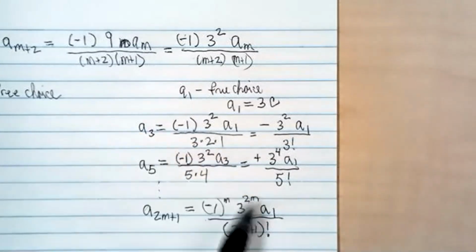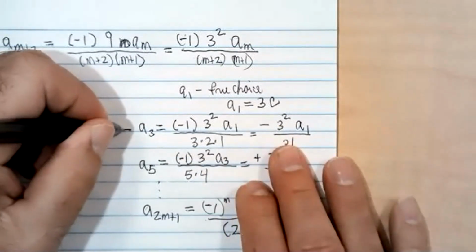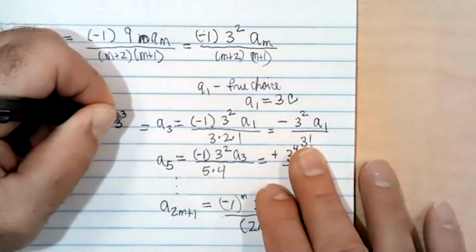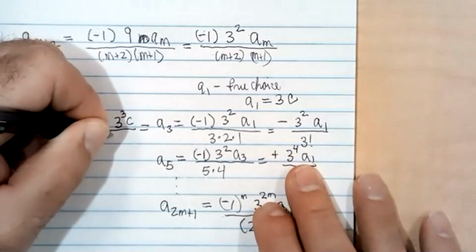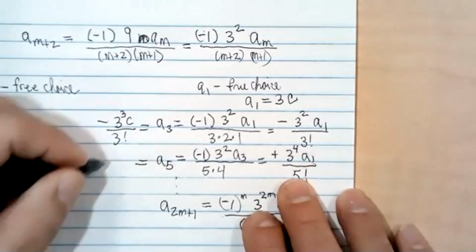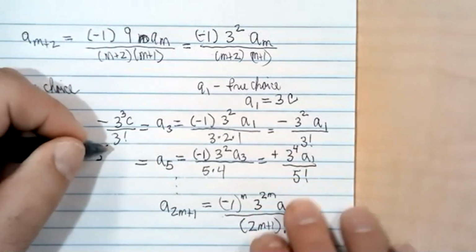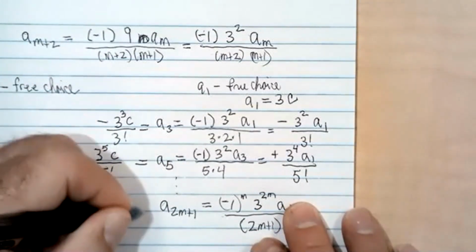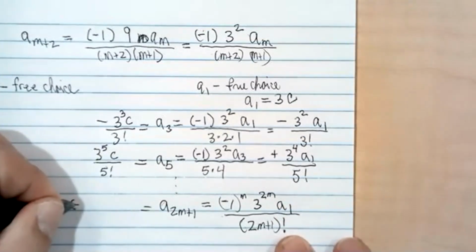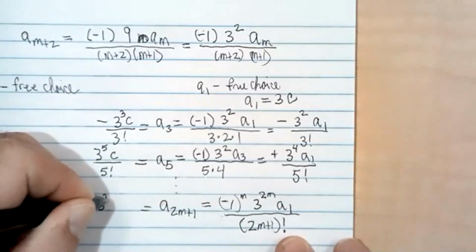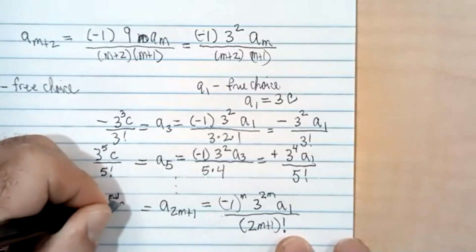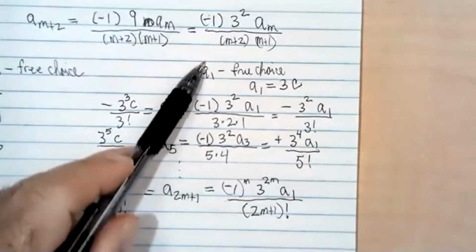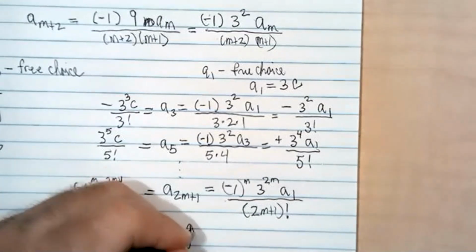So then this becomes minus 3 cubed times that constant over 3 factorial. This one becomes 3 to the 5th times the constant over 5 factorial. This one becomes minus 1 to the m, 3 to the 2m plus 1 times the constant over 2m plus 1 factorial.